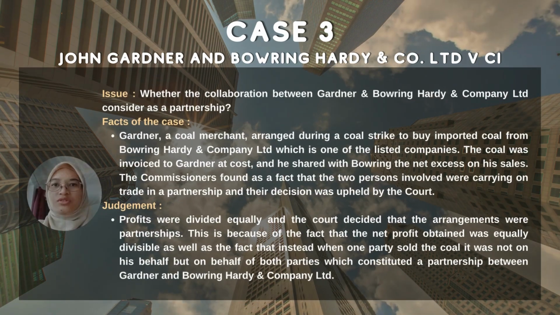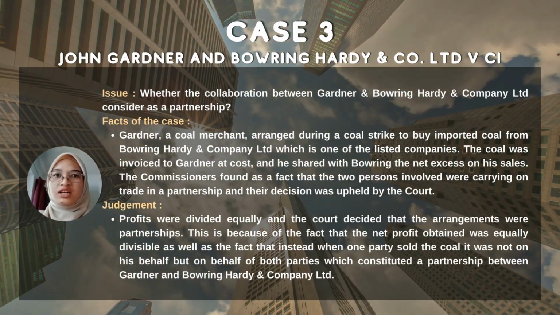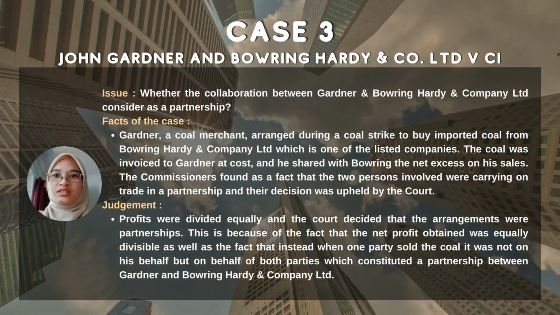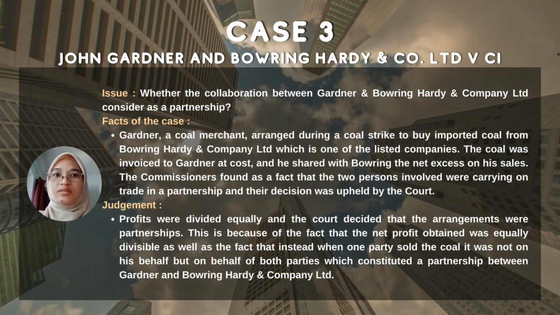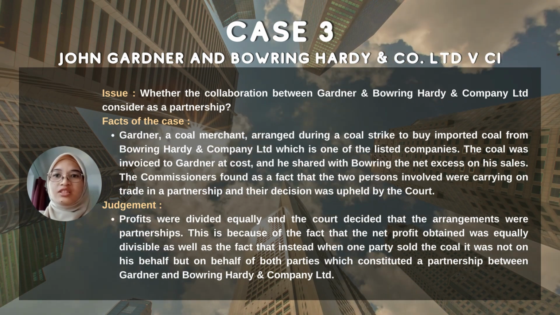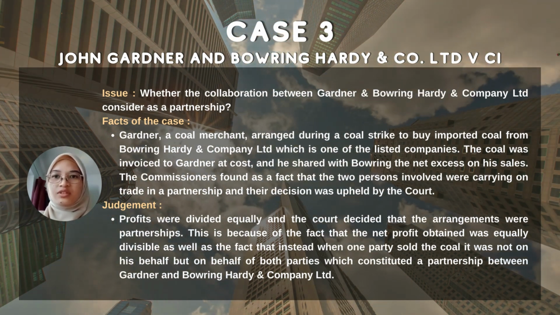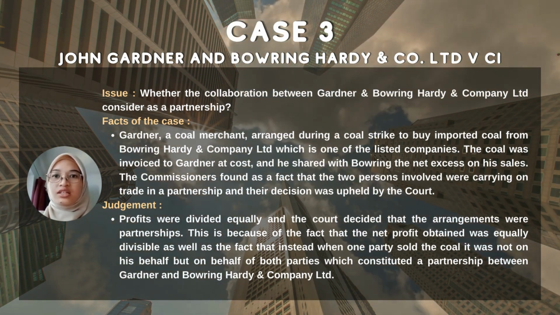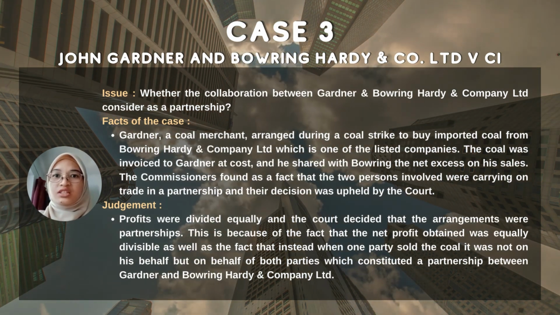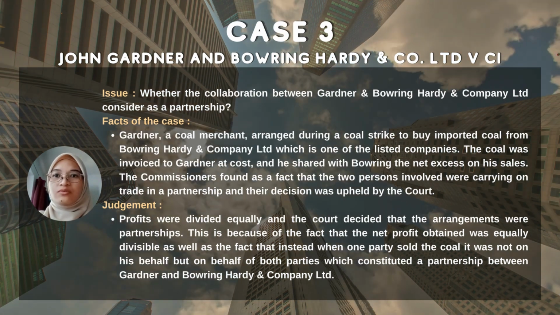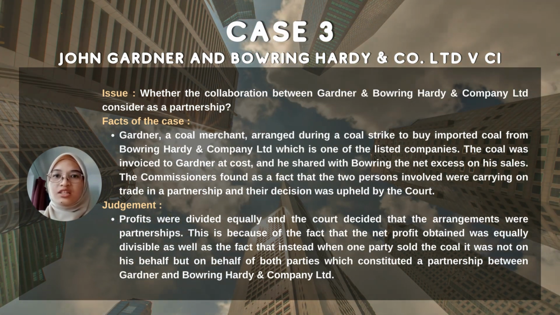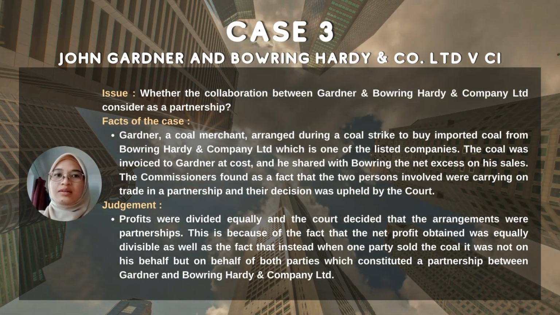So in the case of John Gardner and Bowring, Hardy and Company Limited vs CIR, the issue is whether the collaboration between Gardner and Bowring, Hardy and Company Limited is considered a partnership. The facts of this case are that Gardner, a coal merchant, arranged during a coal strike to buy imported coal from Bowring, Hardy and Company Limited, which is one of the listed companies.